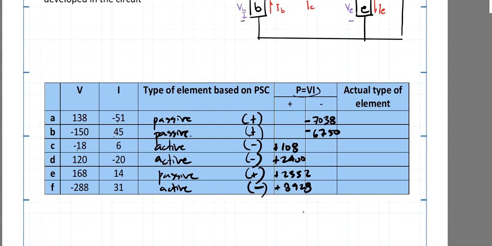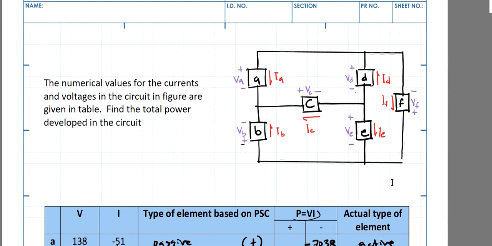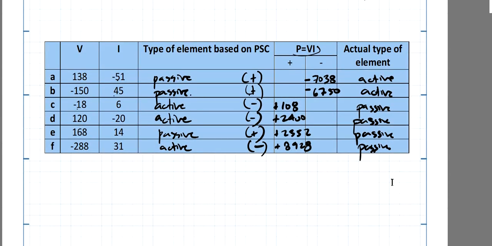So the actual type of element, this will be active, and this one is passive, and passive. So the total power produced in the circuit is 13,788, and they are just the same.